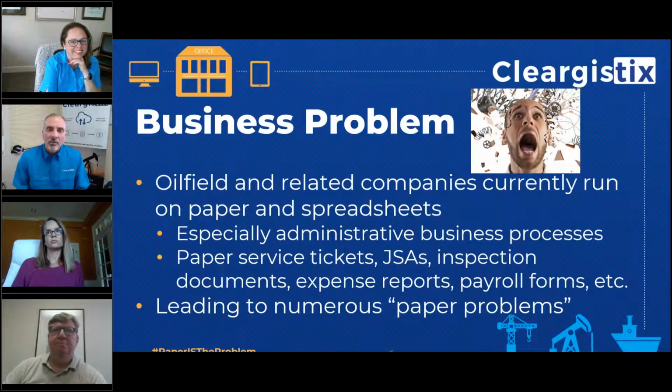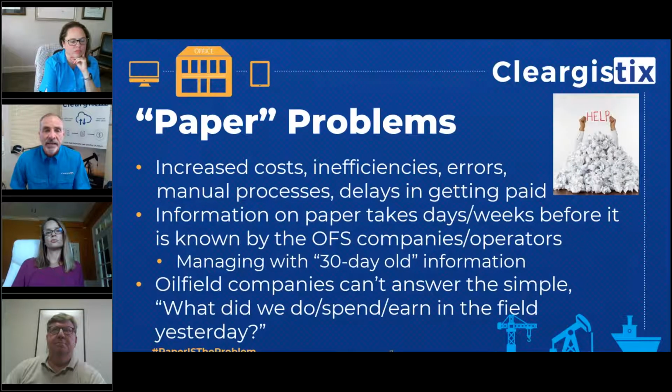The real business problem that we address is that a lot of oil field and other companies are currently run on paper: paper to document revenue, activity, payroll, expense, inspection, safety, and so on. Paper leads to numerous problems, and those problems cause increased costs, inefficiencies, and errors.